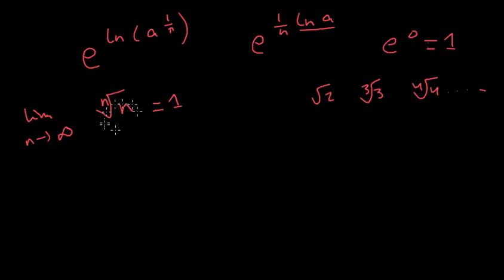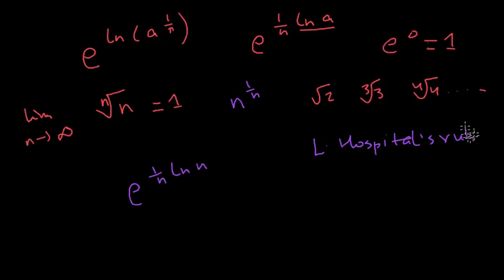Like in the previous case, we'll write the nth root of n as n to the power of 1 over n, and this should be e to the power 1 over n ln n. And if you use L'Hospital's rule, and you might be wondering what this fancy rule is, you may not have seen it yet.